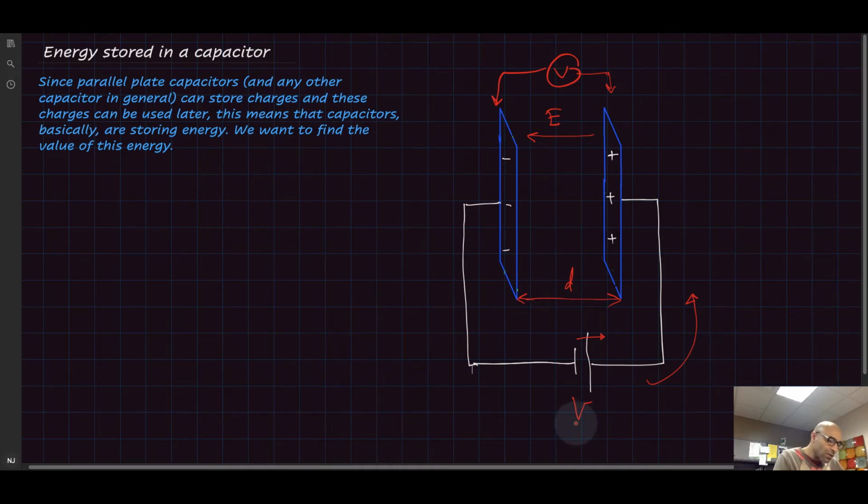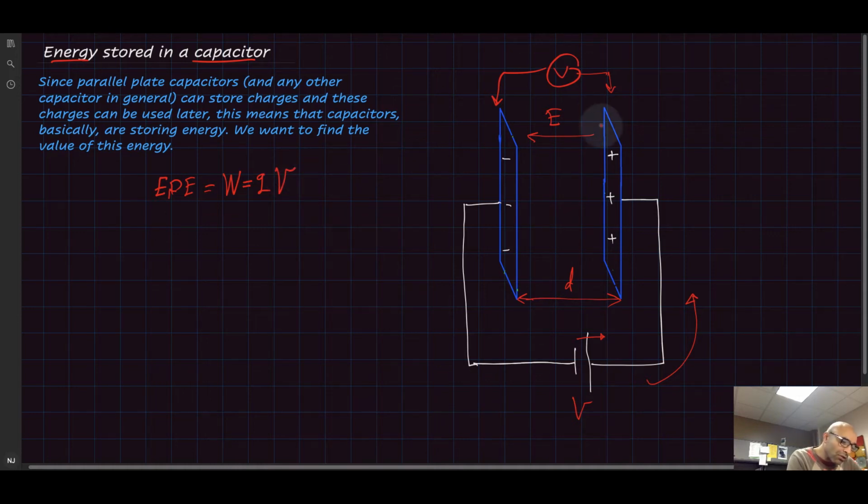All right. So we need to find the electric potential energy. We know that the electric potential energy is equal to the work required to transfer charges from one point to another, and that's equal to the charge times the voltage difference.